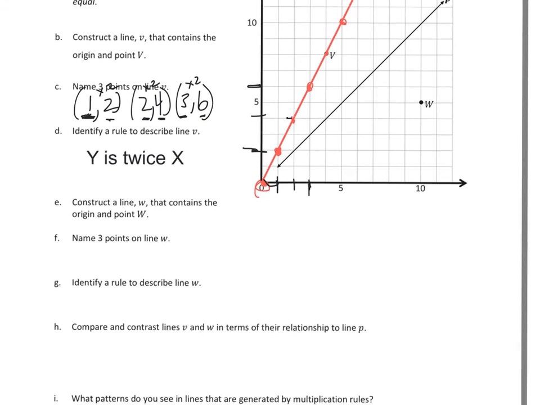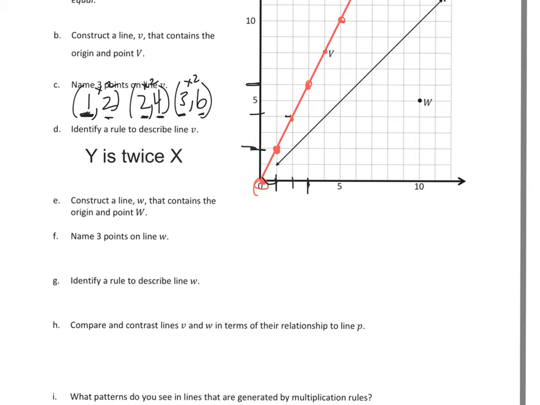So that's my rule. Now it's going to tell me to construct a line W that contains the point W and name 3 points. And again, I have to connect W to the origin. So I'm going to make a line there.